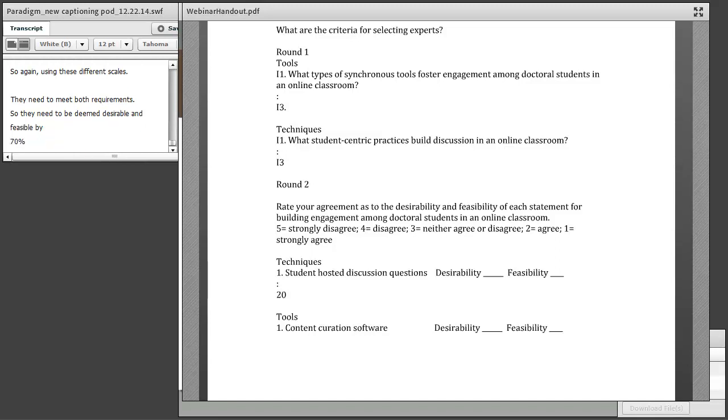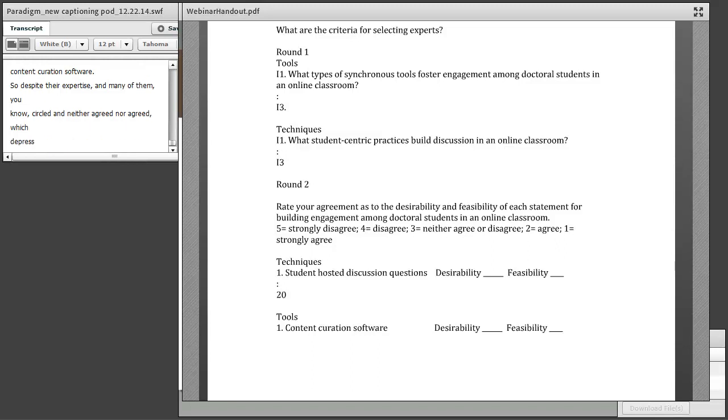In instances where the hurdle is not met, I introduce a second test, which is I look at median scores. And the reason that I do that is there may be some items, perhaps my participants are not familiar with content curation software. So despite their expertise, many of them circled neither agree nor disagree, which depress my agree and my strongly agree percentages.